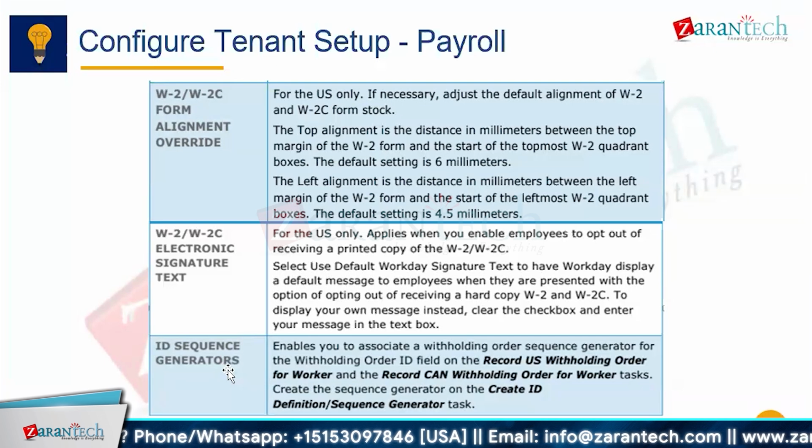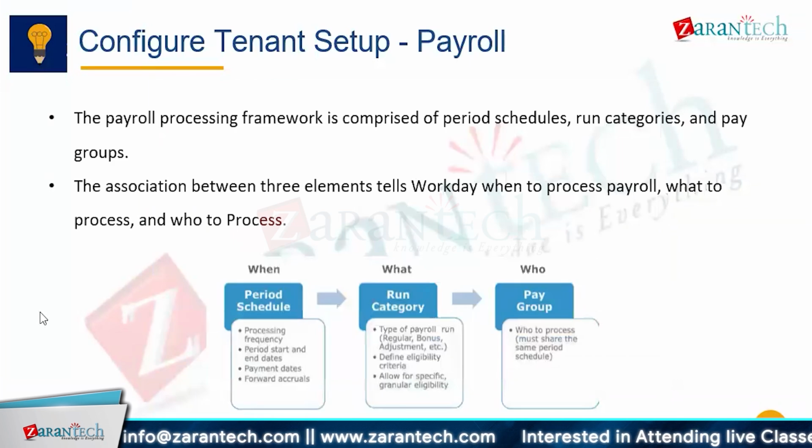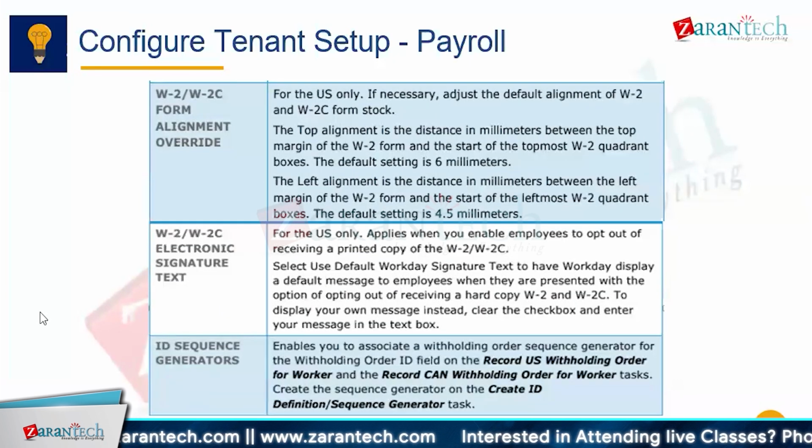You can give the padding, if your company follows a certain digit format like 001, 002. So you can create sequence generators and attach them in the tenant setup payroll. Once we have the tenant on Monday, I can again show you what the tenant setup payroll looks like in the Workday tenant and where all these settings are.